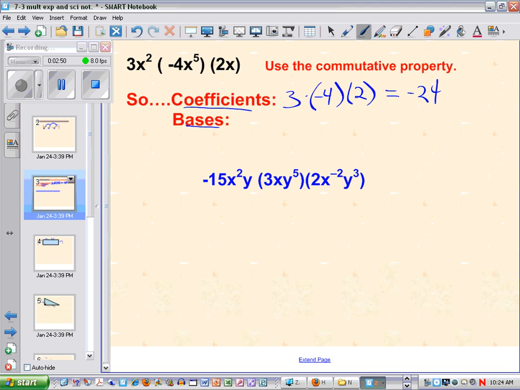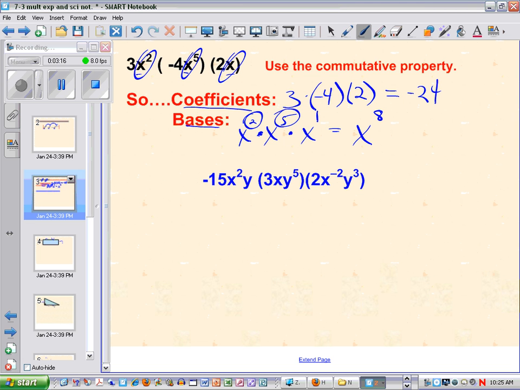Our bases, well, we have the same base in every case, x. So we've got x squared times x to the 5th times x. So it'll give us x to the 2 plus 5 plus 1, x to the 8th.